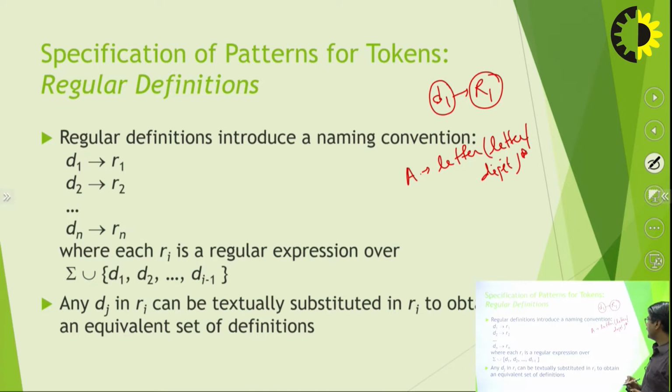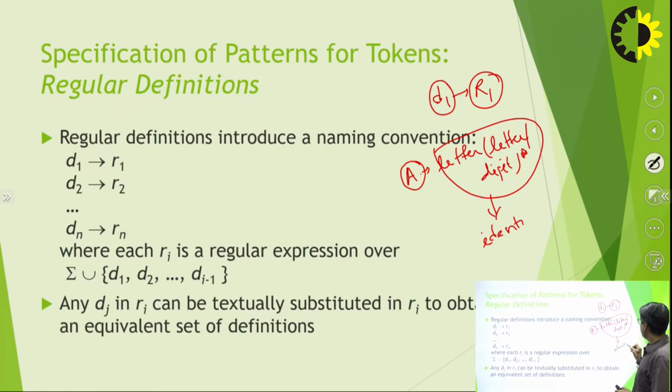This is basically the distinct name that holds this regular expression. This is the regular expression for an identifier, so whatever identifier you are going to extract will be generated by this regular expression.